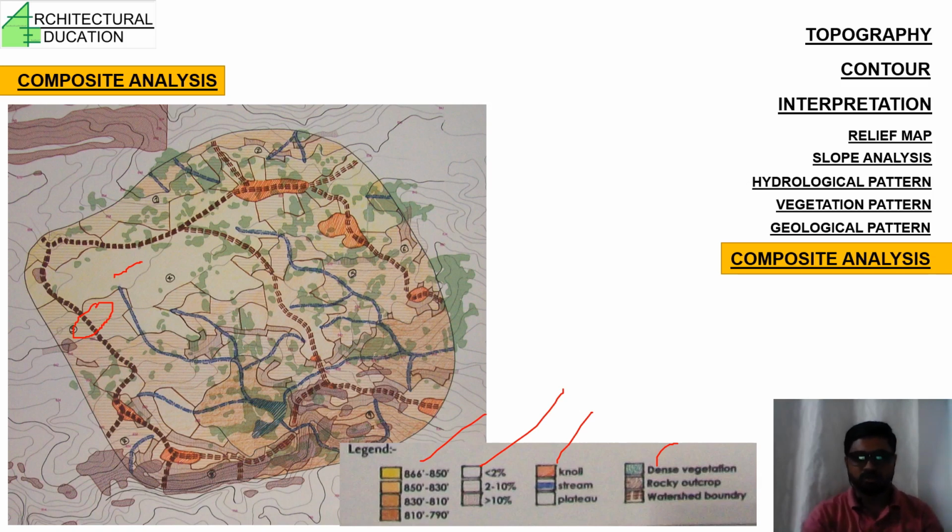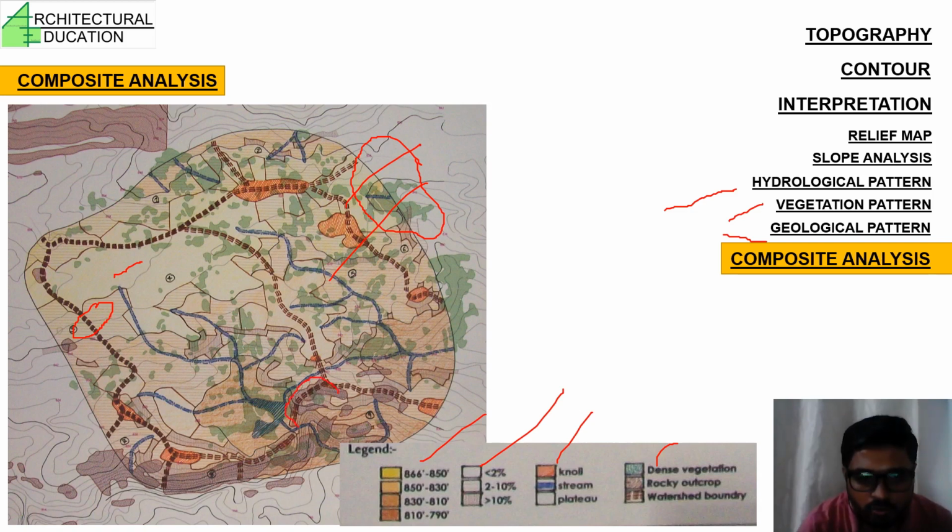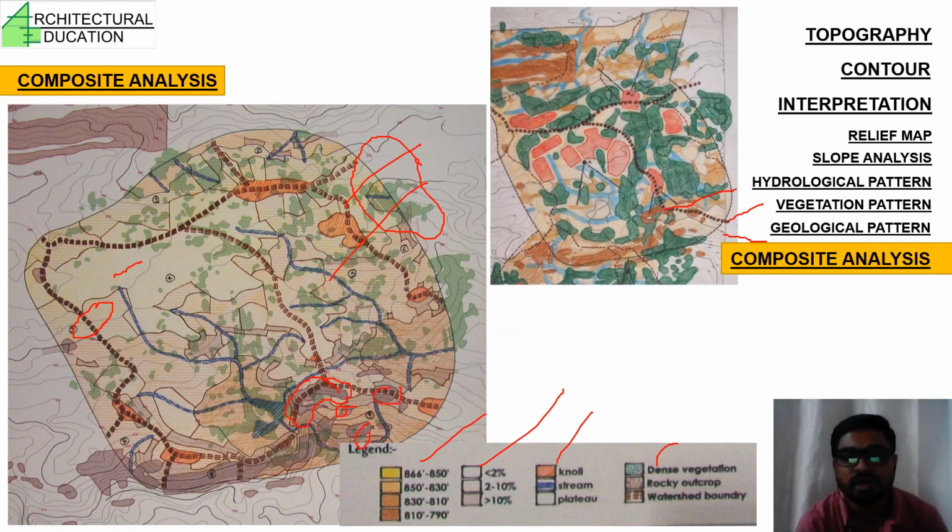You can find the hydrological pattern with ridges and valleys over here. You can find the vegetation existing over here. You can also find the geological pattern, that is the rocky outcrop over here.